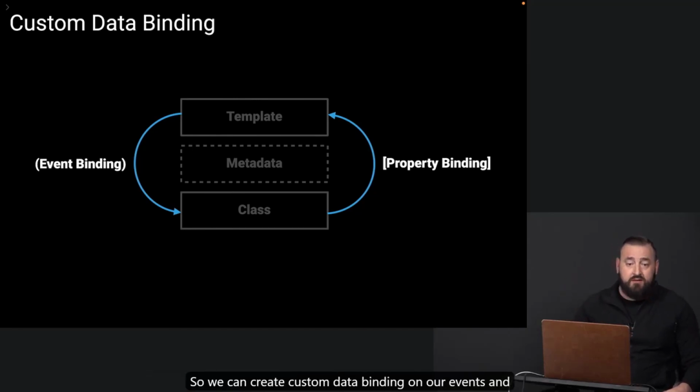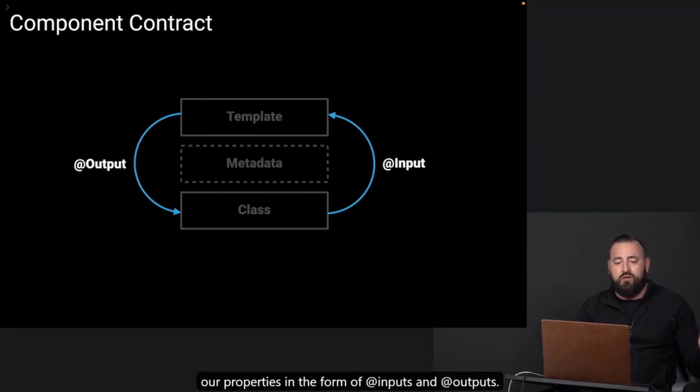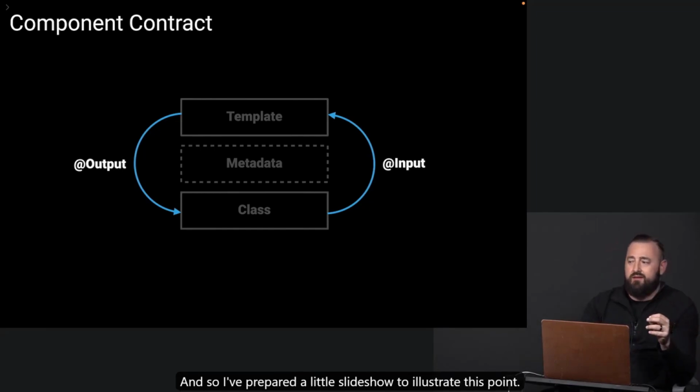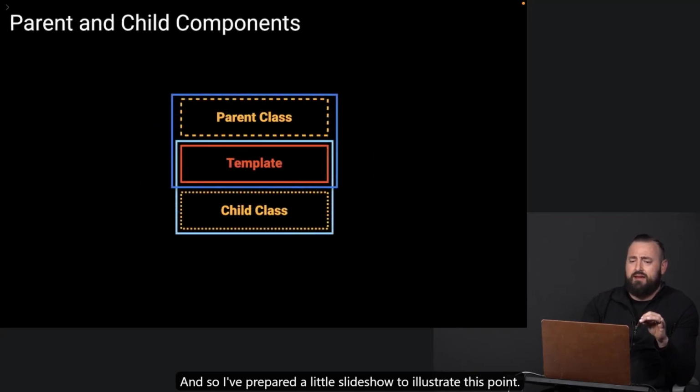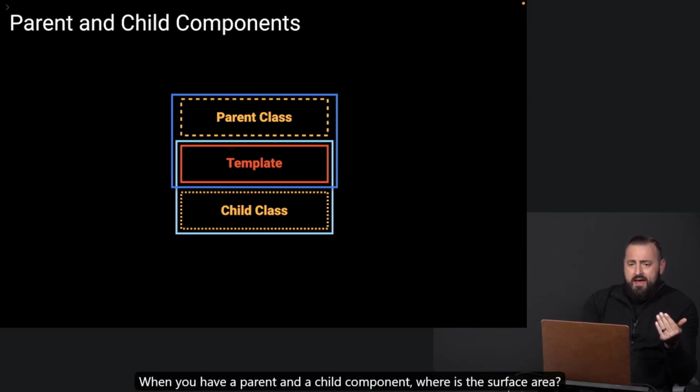So we can create custom data binding on our events and our properties in the form of inputs and outputs. And so I've prepared a little slideshow to illustrate this point. When you have a parent and a child component, where is the surface area?